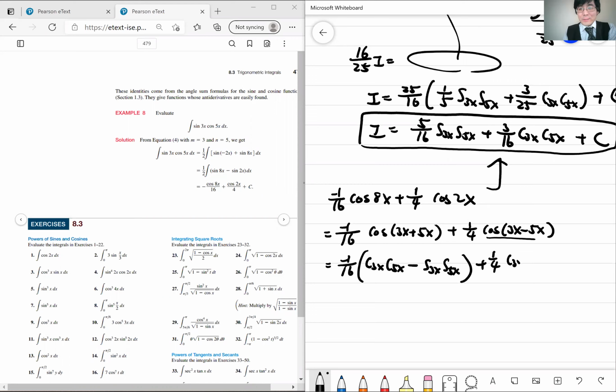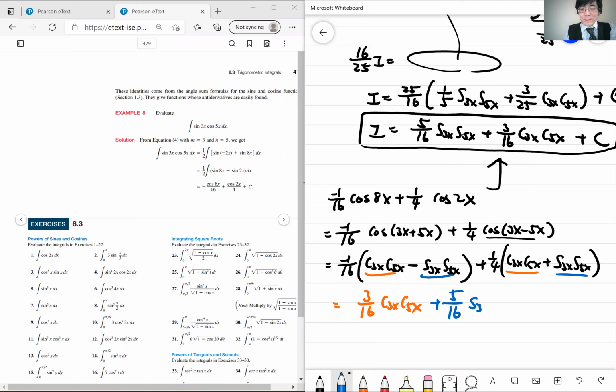It's going to be cosine 3x cosine 5x plus sine 3x sine 5x. Now you see these are like terms, so we can combine them together. So it's going to be 3/16 cosine 3x cosine 5x, and this one is going to be 5/16 sine 3x sine 5x. So it's identical. Although they look quite different, they can be shown to be identical.